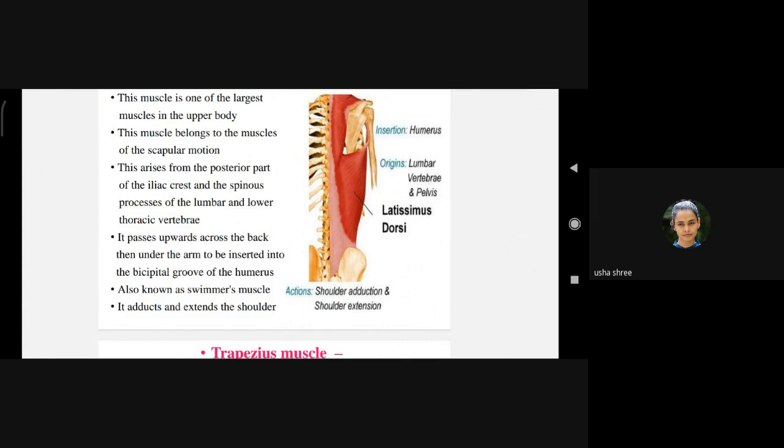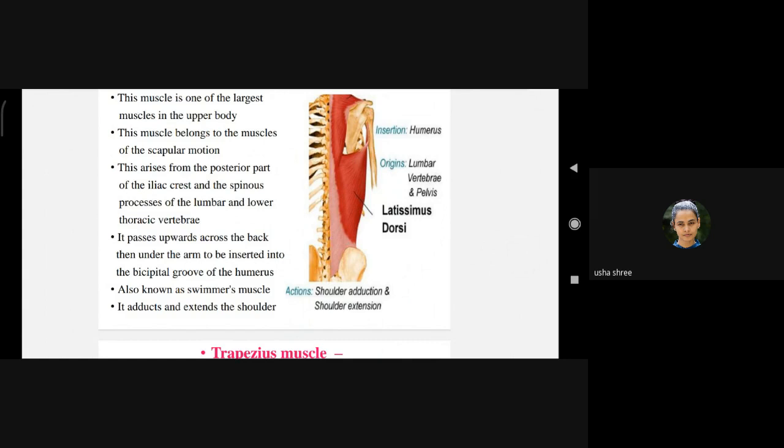It is also known as swimmer's muscle. In swimmers, this muscle is more developed and helps them a lot in their movement, so that is why it is known as swimmer's muscle.